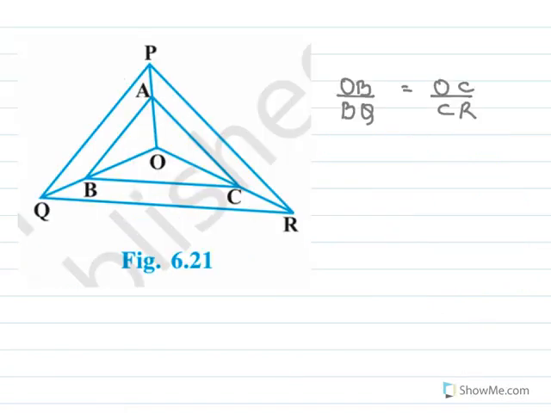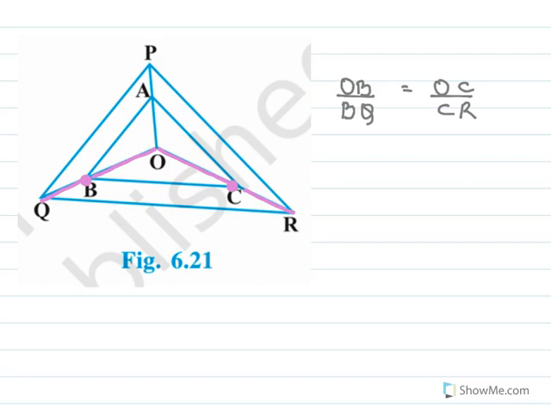So this is what we have proved. Let's just darken it in the figure and see what it means. OB over BQ is equal to OC over CR. So that means B and C divide these sides in the same ratio.